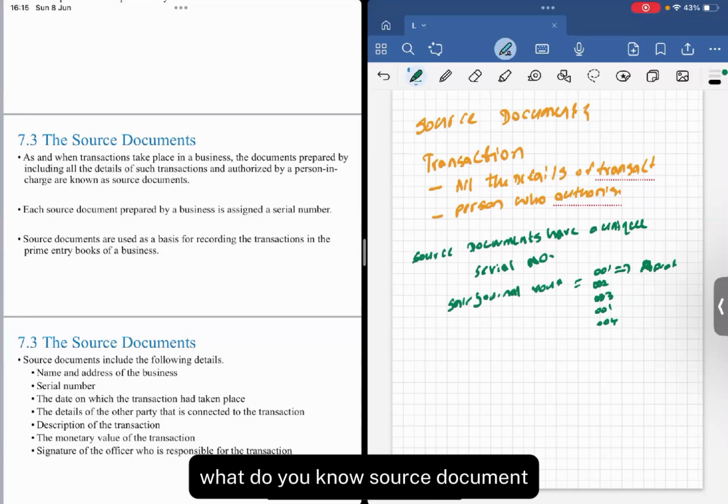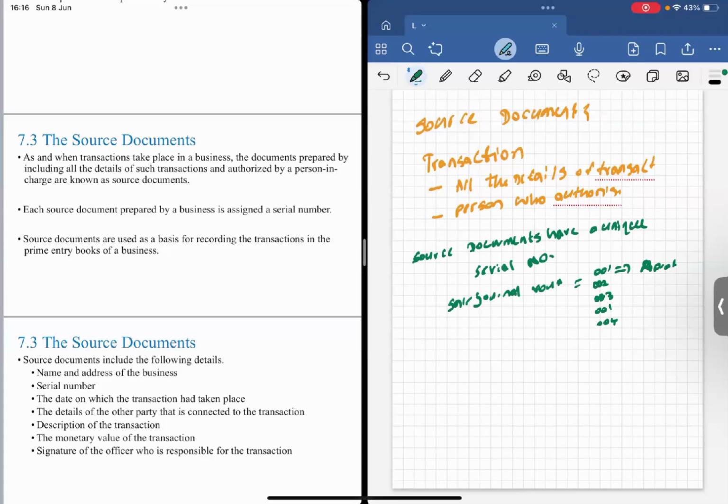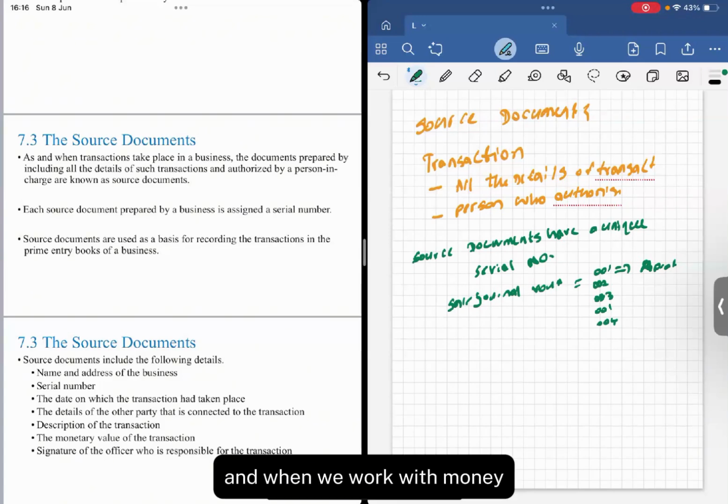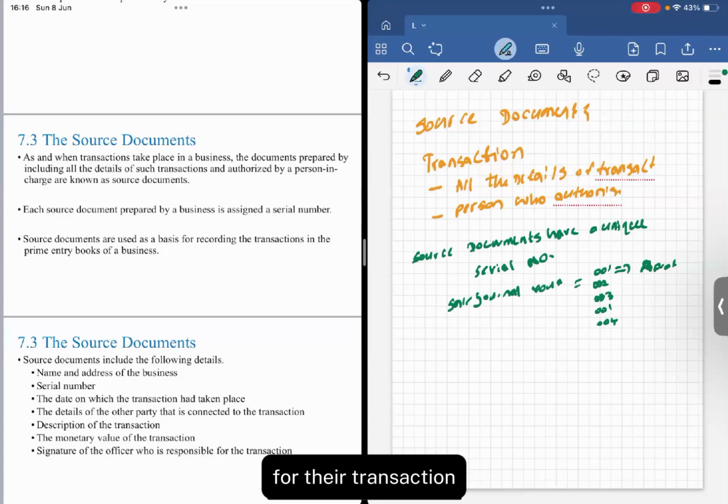That source document has all the details of the transaction and the person who authorized it. This is very important because in businesses, we are working with money, and when we work with money, each and every person should be held accountable for their transactions.